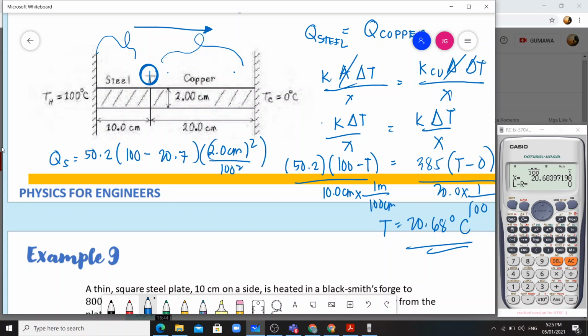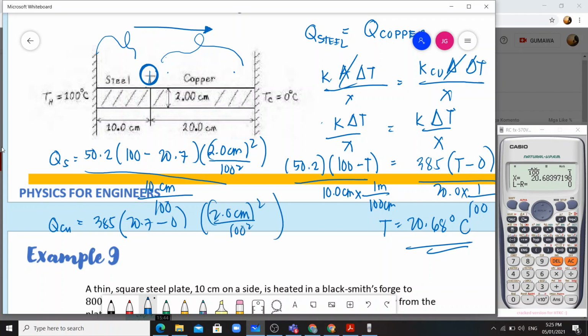Conversion to centimeter squared to meter squared over 10 centimeter over 100. Okay. At ang Q ng copper naman is 385, 20.7 minus 0. So, ganun din, 2 centimeter squared over 100 squared.